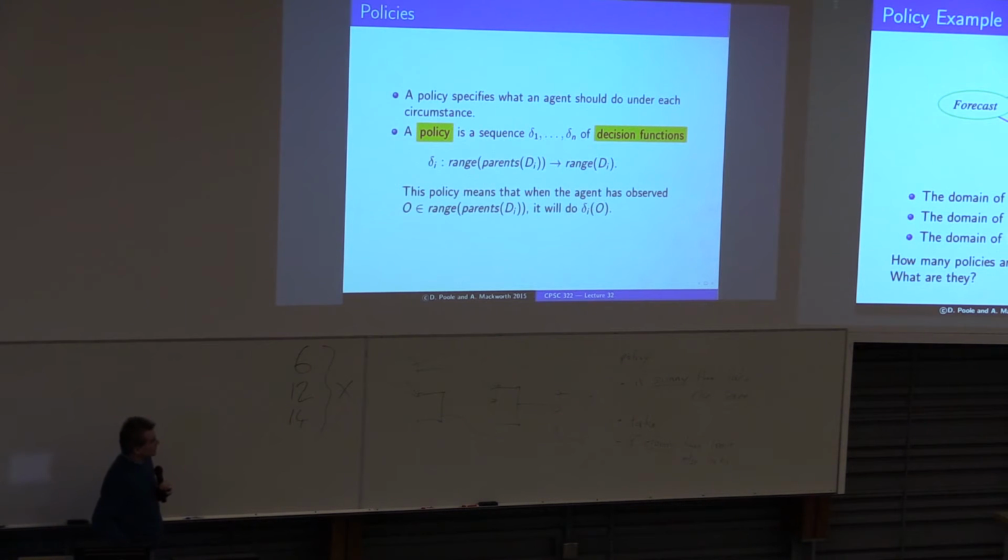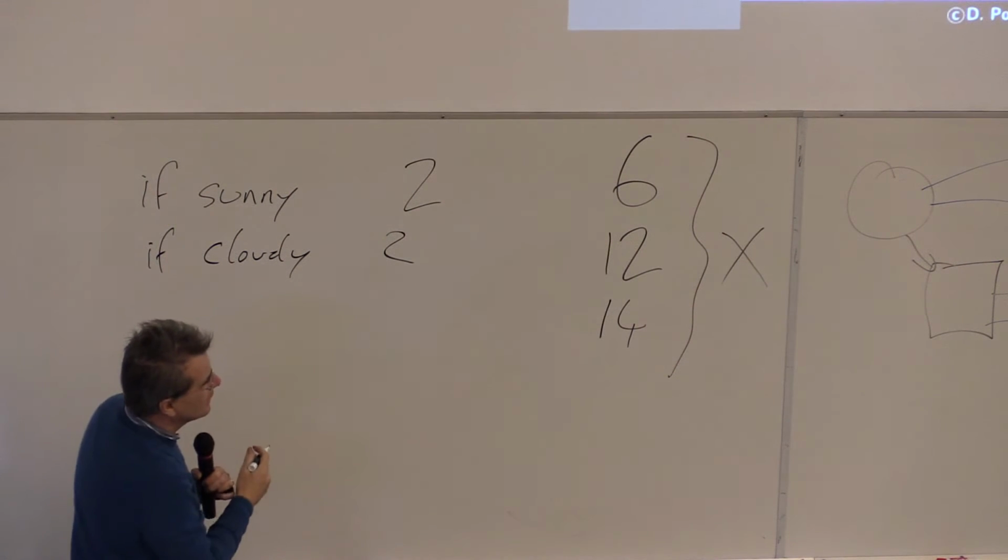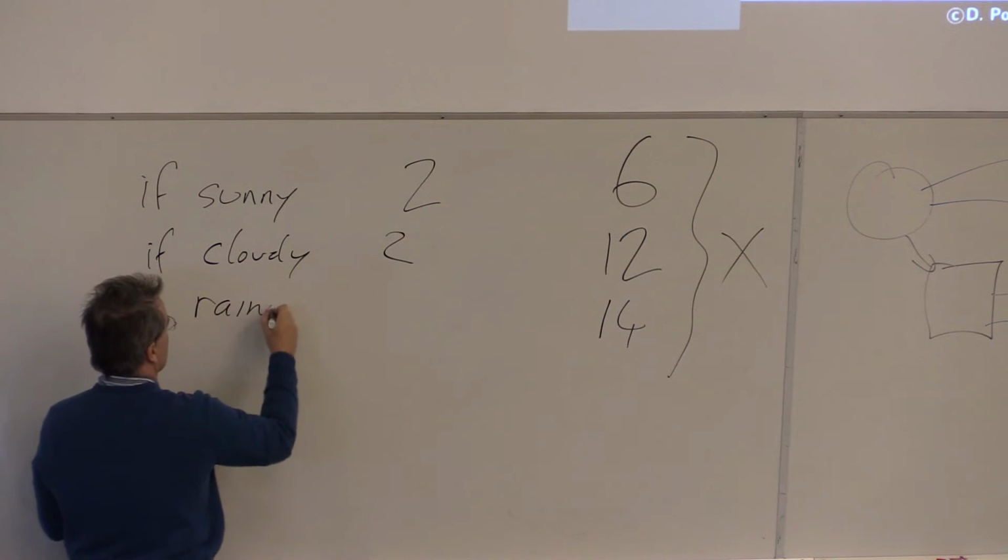So if it's sunny, how many different things could we do? Right, there are two things if it's sunny. And if it's cloudy, how many things could you do? Two. And if it's rainy, how many things could we do?